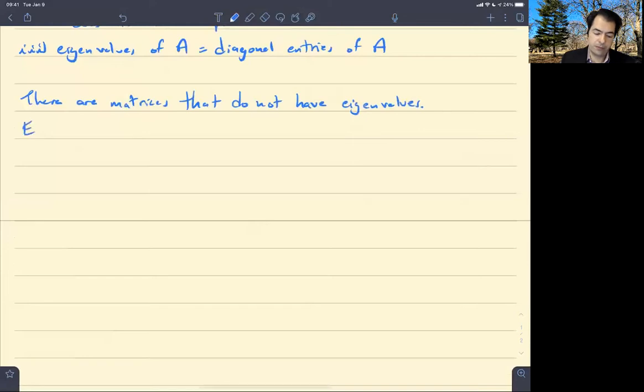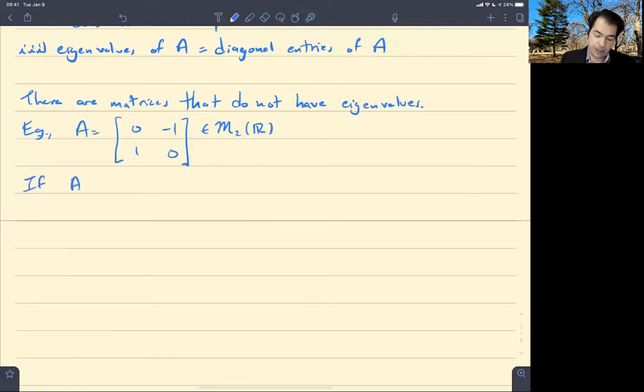So for example, say that you take the matrix A to be 2 by 2, 0, 1, minus 1, 0. Okay. And importantly, we're thinking of this as a matrix with real coefficients, right? So when we're looking for eigenvalues, we're looking for real numbers.